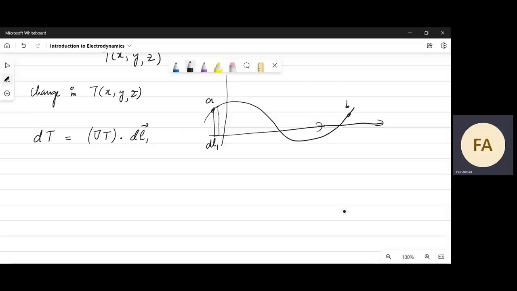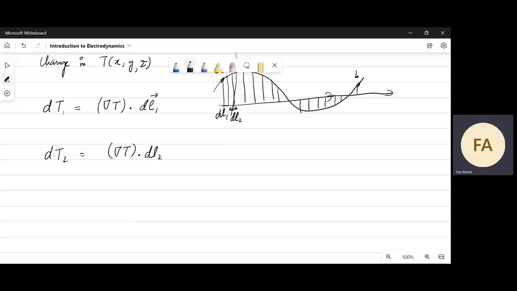We can divide the whole line from A to B into small distances until we reach B. Similarly, dT2 will become gradient T dot dl2, where dl2 is this region, and so on.